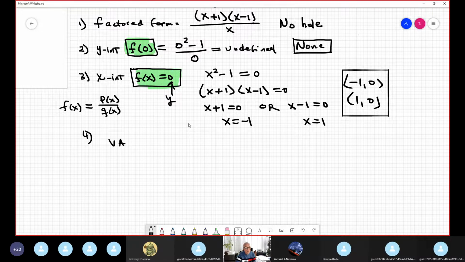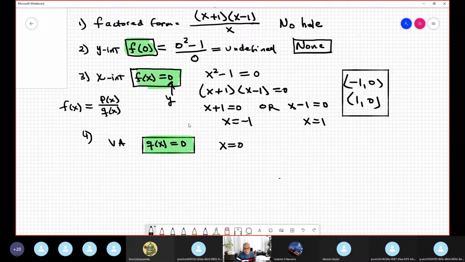For finding the vertical asymptote, you take q of x equal to 0. So the polynomial in the bottom equal to 0 represents the vertical asymptote. It's obvious in the factorization we cannot cancel out anything. This is just x equals 0. X equals 0 is our vertical asymptote.